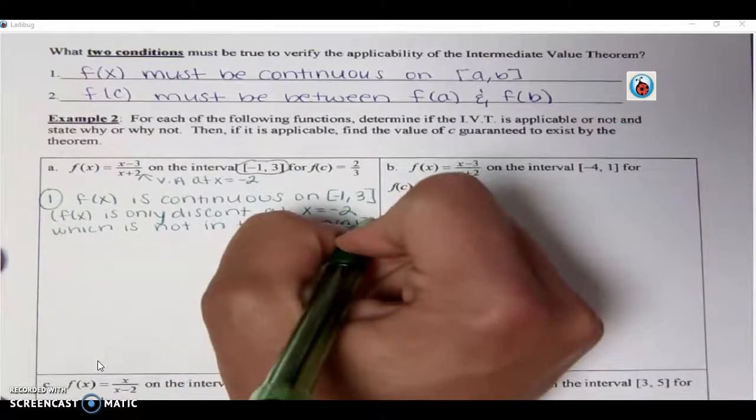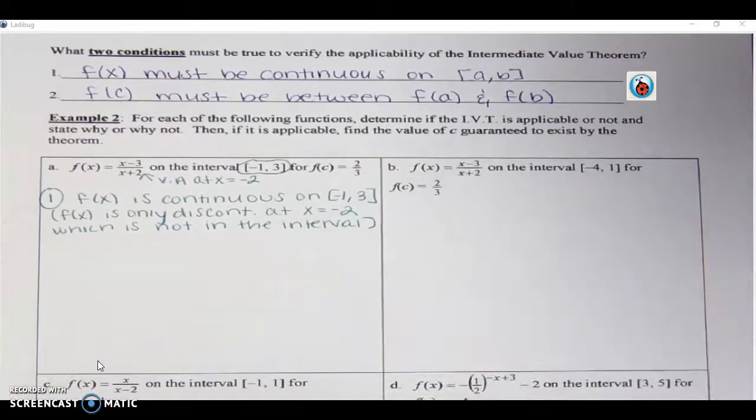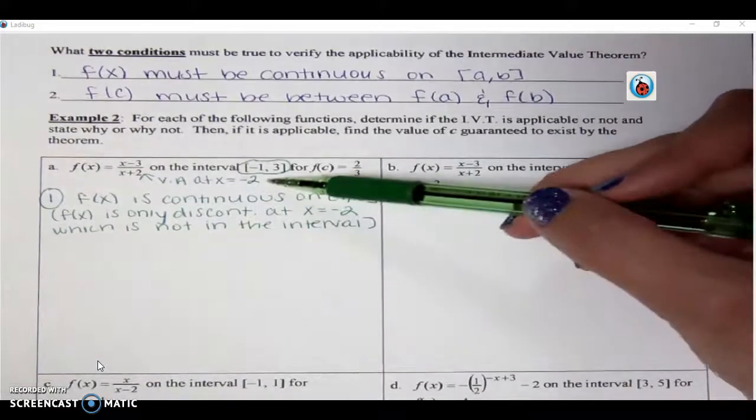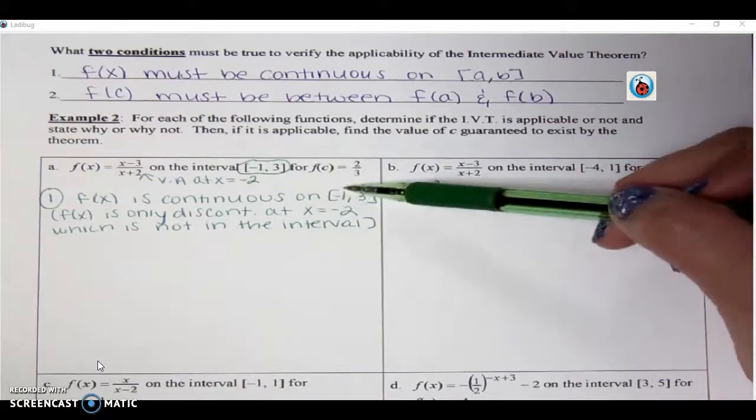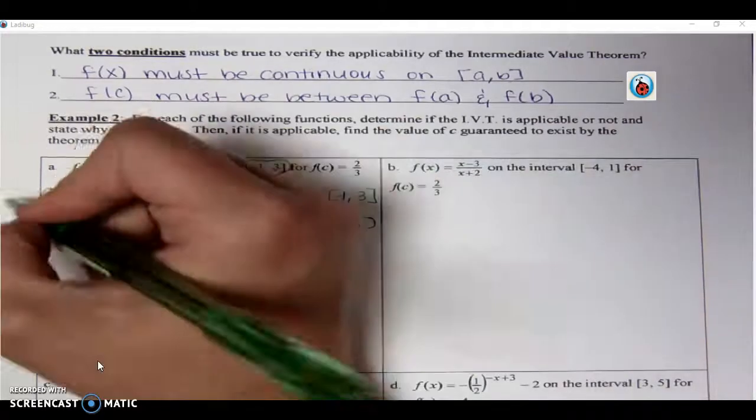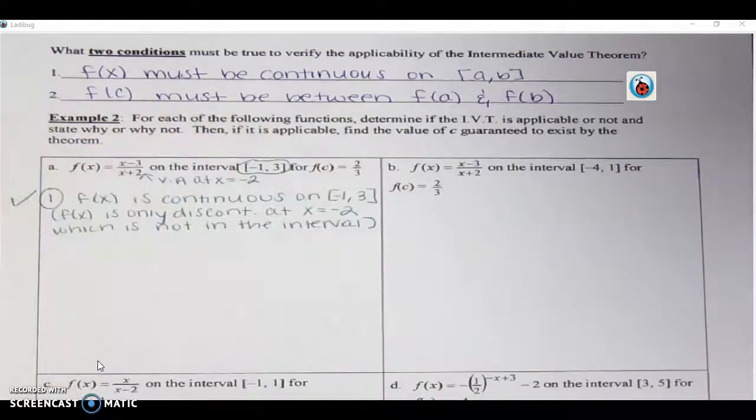So even if it is continuous, you have to give some kind of reason. You know that it's discontinuous at x equals -2, but that doesn't matter because it's not in our interval. So step 1 works.